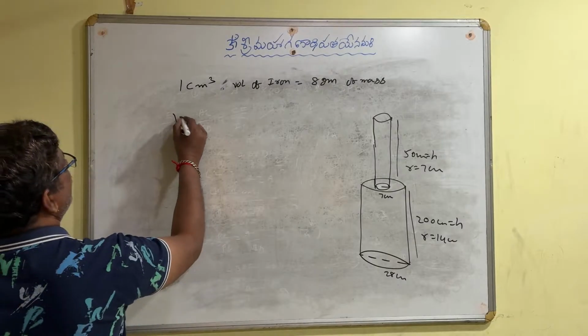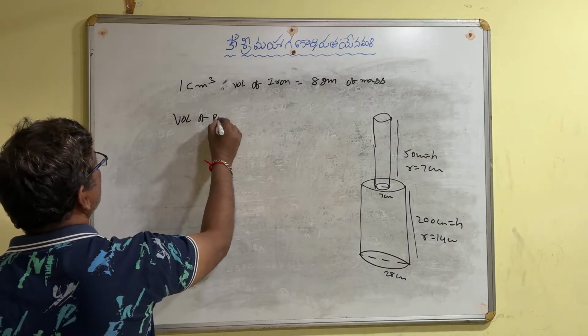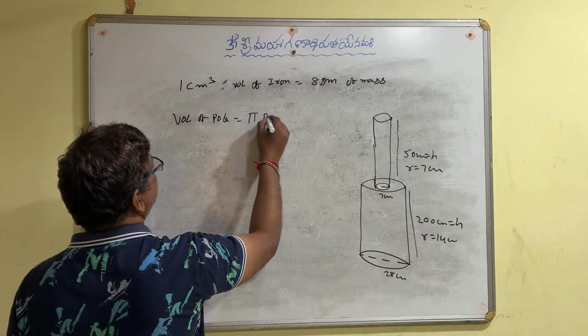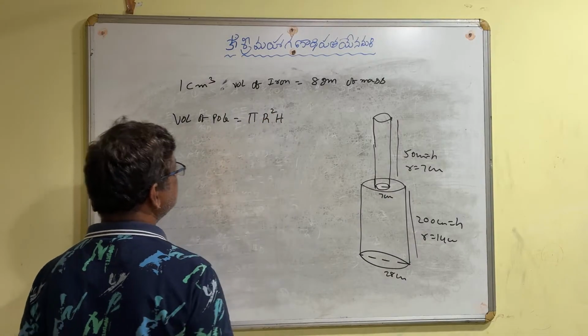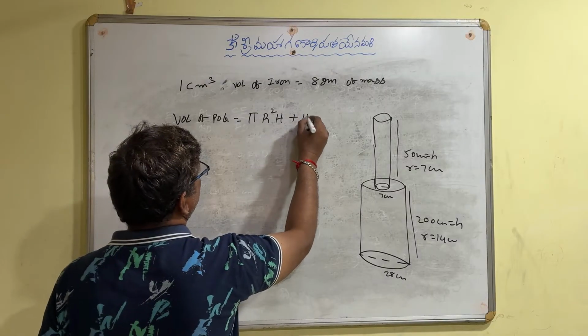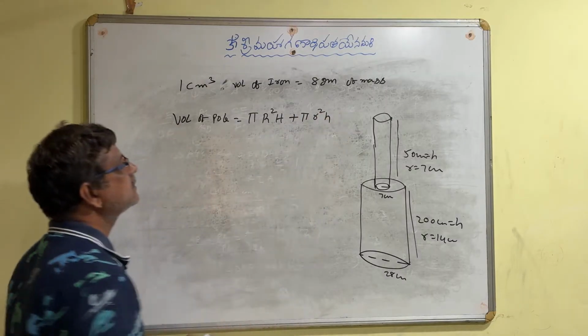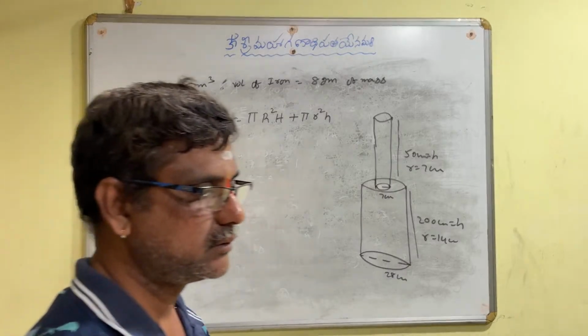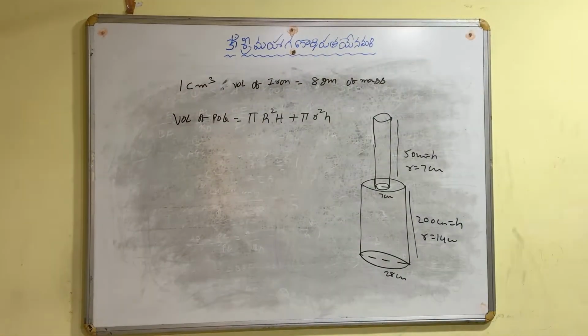So volume of pole is equal to pi capital R square capital H plus pi small r square small h. He is asking about mass, which means volume.